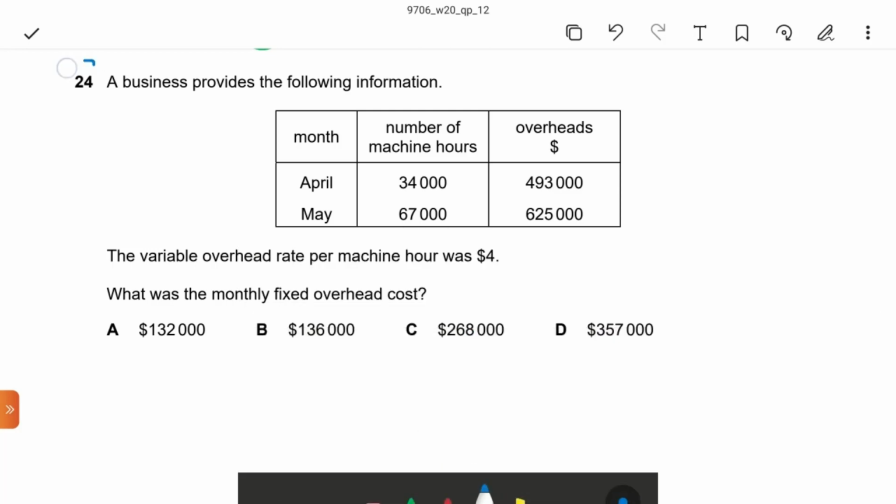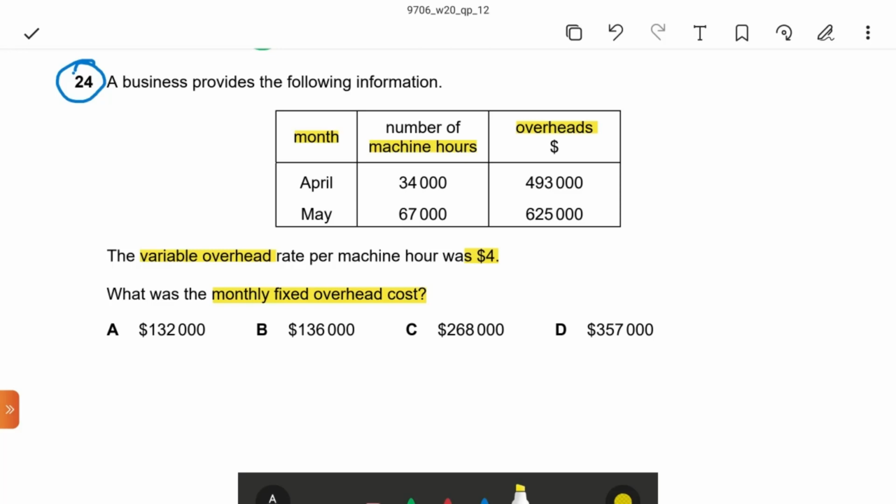Question number 24. A business provides the following information: month, number of machine hours, overheads. The variable overhead rate per machine hour was 4. What was the monthly fixed overhead cost? The question is, what is the monthly fixed overhead cost?